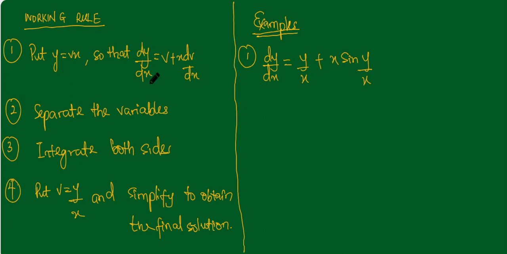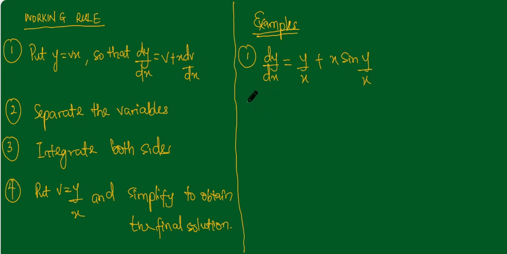So let's look at how this works. To start with, we have the differential equation dy dx is equal to y over x plus x sine y divided by x. So to solve this, you substitute y is equal to vx and dy dx is equal to v plus x dv dx.